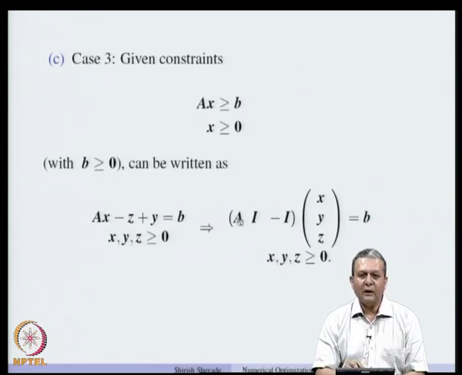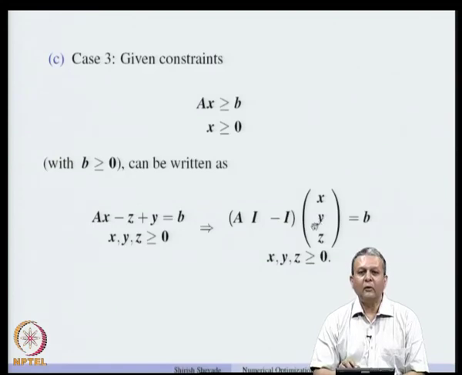Now, if we look at the constraint set matrix, which consists of submatrices A, I and minus I, A is associated with x, I is associated with y, and the negative of the identity is associated with z. You will see that there is a submatrix which is the identity matrix, and therefore the variable y can now be made a basic variable.